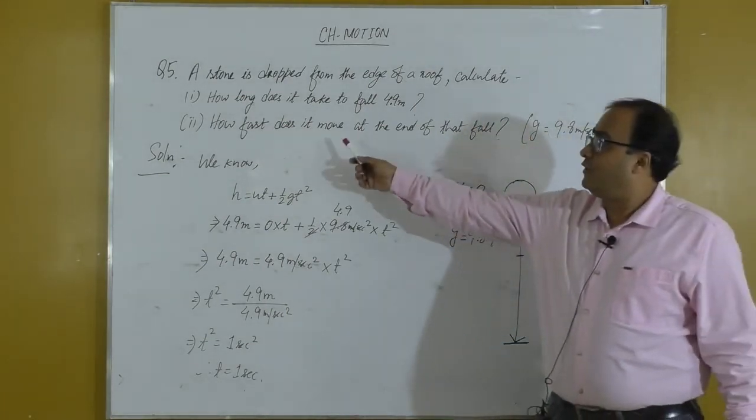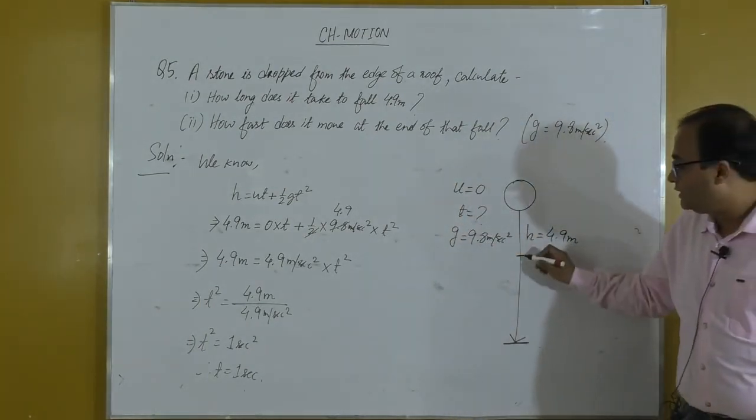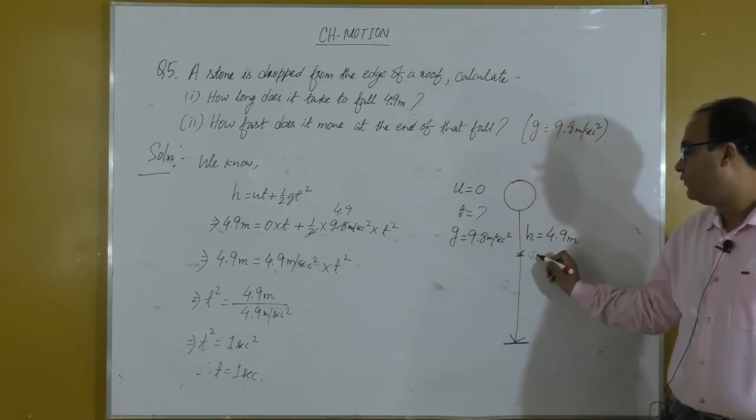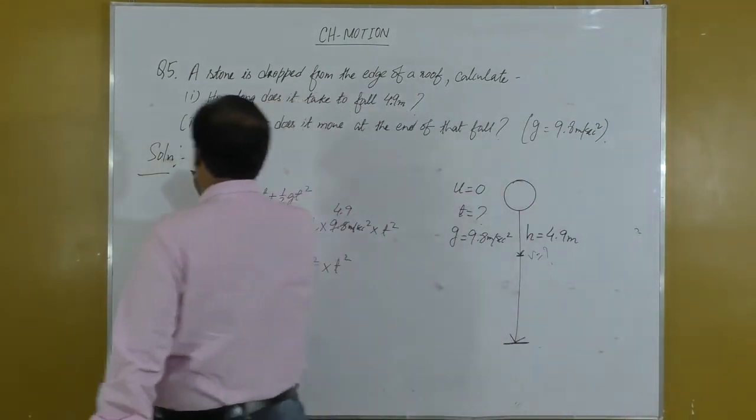Second part: how fast does it move at the end of that fall? That is, at the end point of the fall, how fast will it be; here we have to calculate the final velocity. So second part, this was the first part.